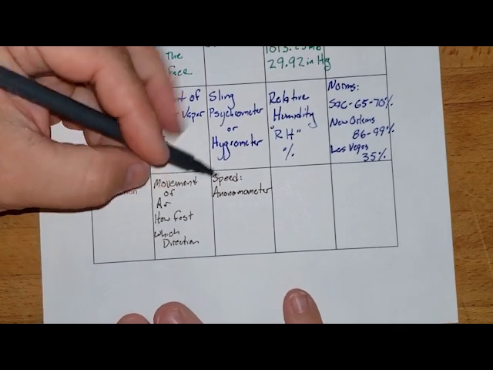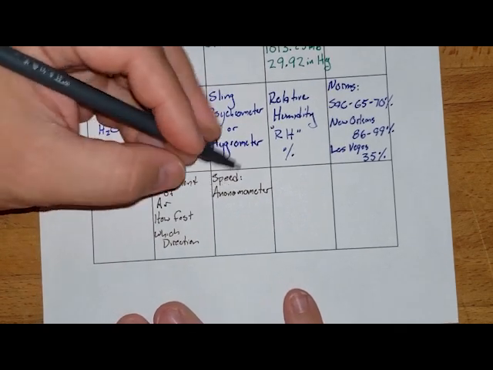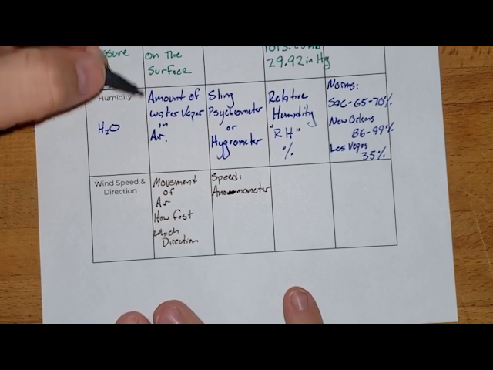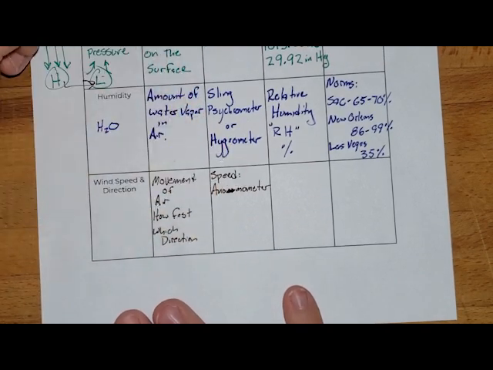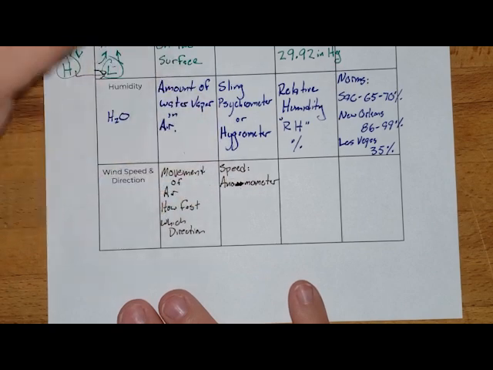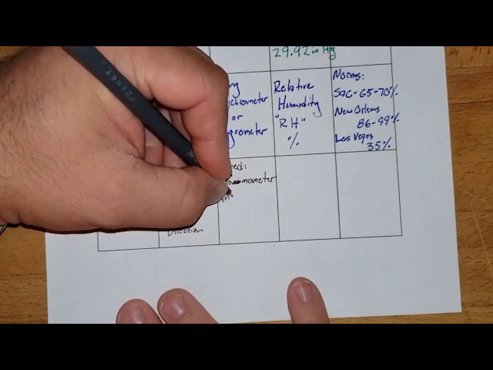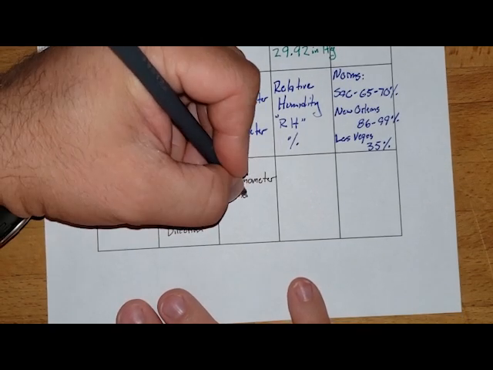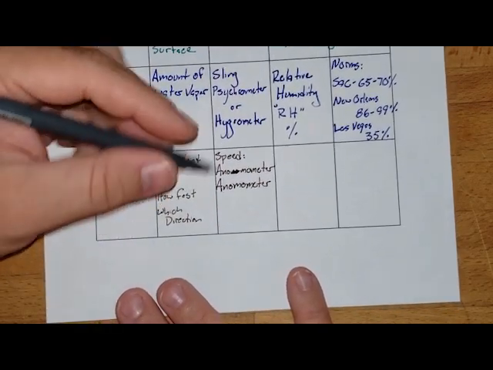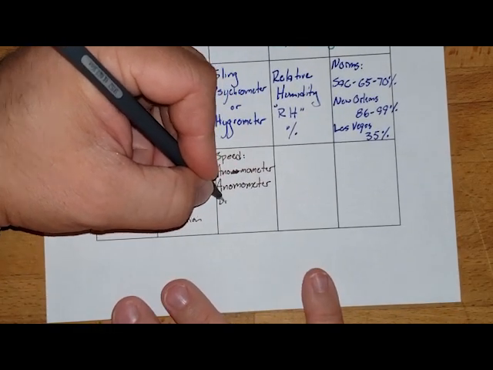The anemometer. Good. That's going to be for measuring our speed.